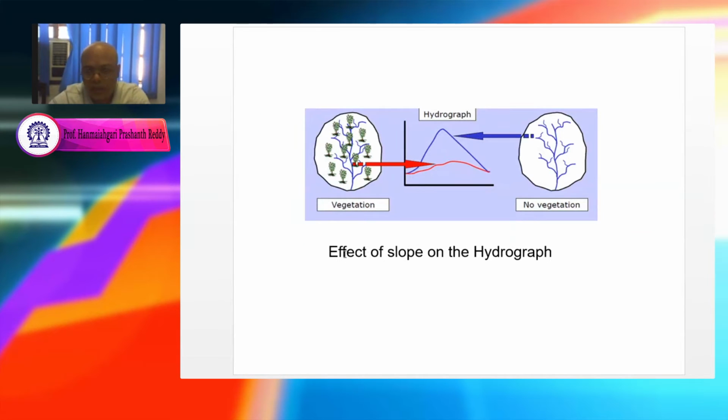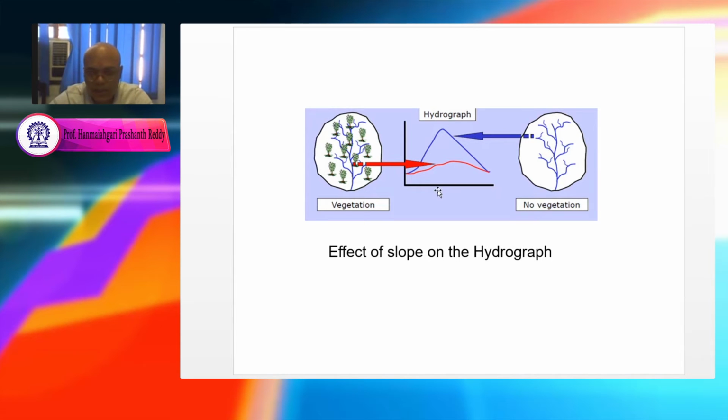Look at this figure. There are two watersheds, and both have equal drainage density. But the first watershed has a lot of vegetation compared to the second watershed.